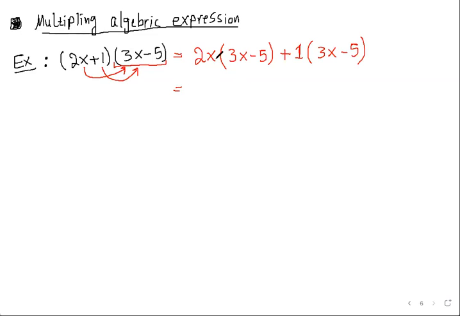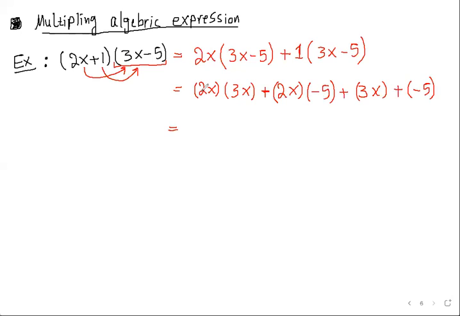And this is equal to multiplying the first one by everything inside: 2x times 3x, plus 2x times minus 5, plus the 1 times everything inside, which is the same, 3x plus minus 5.